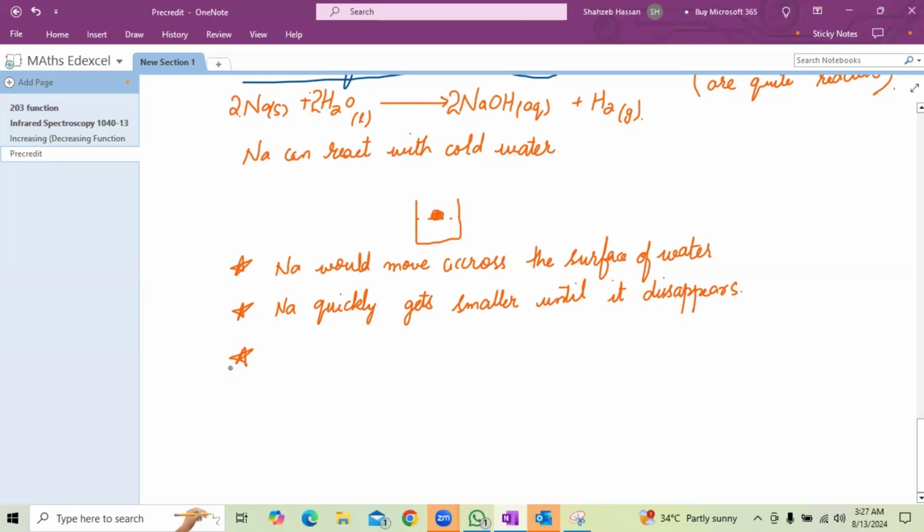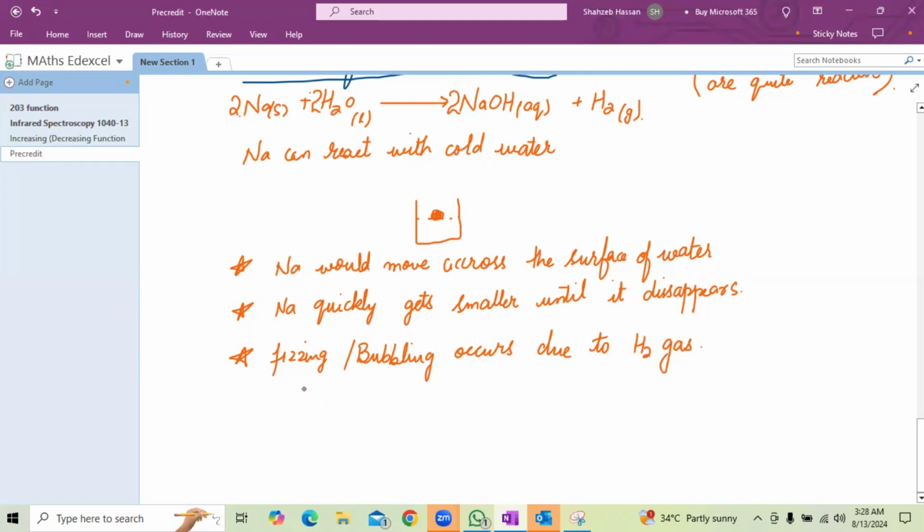It dissolves in water. And what are the observations? Fizzing or bubbling occurs due to hydrogen gas. Is that clear?